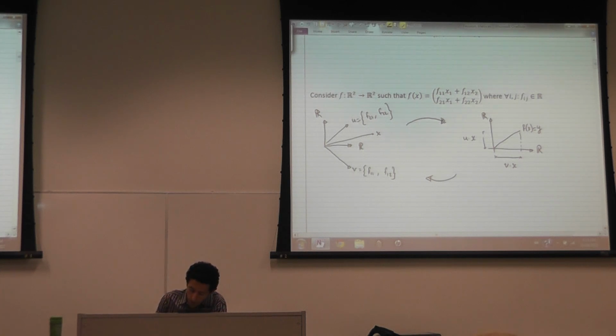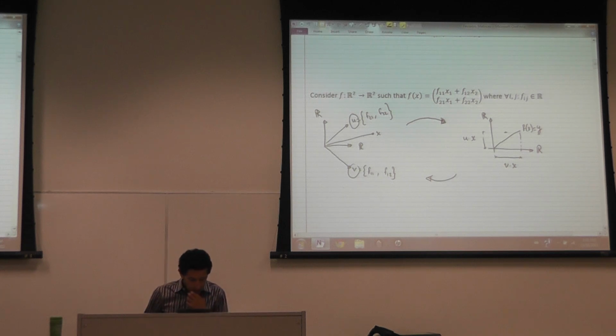Basically, for every y, for me to find an x that's the pre-image of y, these two vectors that form the linear map have to be linearly independent. U and V have to be linearly independent for me to have this function invertible.